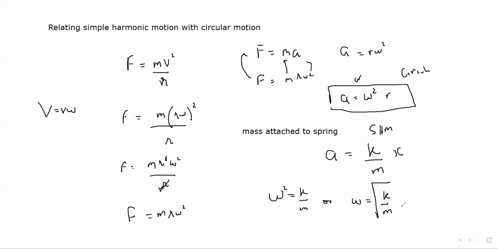It means that if an object is performing a simple harmonic motion and I want to convert its simple harmonic motion into circular motion, I can use this formula, because omega is known as the angular velocity: how many radians or revolutions there are per second.